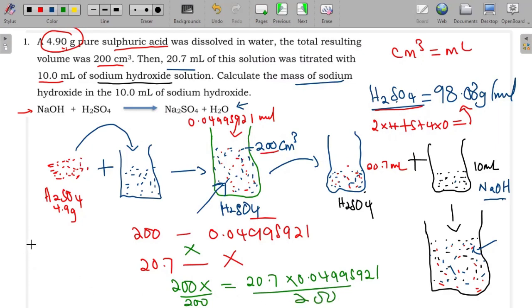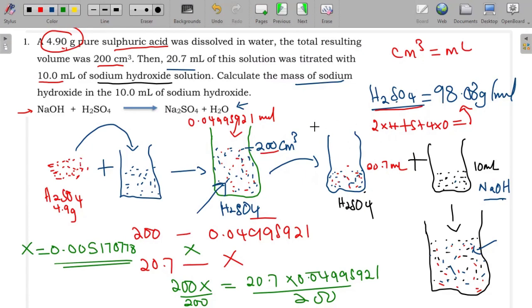So I'll just remain with x equals, and then I can punch this into the calculator. I have 20.7 multiplied by 0.04995921, and then I'm dividing that by 200. So what do I get? I get 0.005170778 moles.